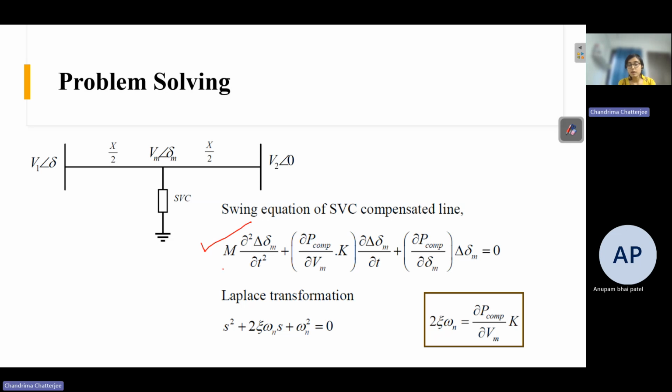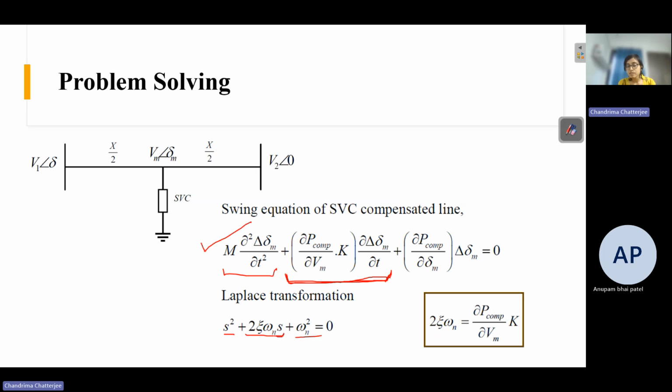This part was already there. This part is the additional one that is just introduced when we are varying Vm. This is the new part, and this part was also there earlier.